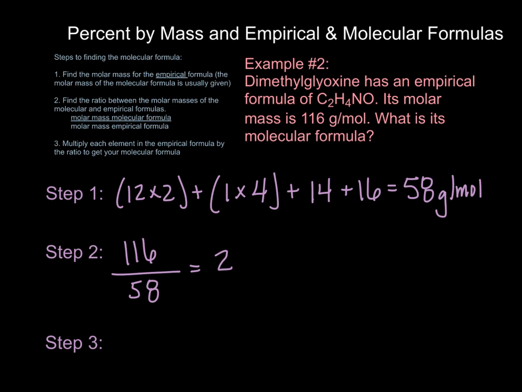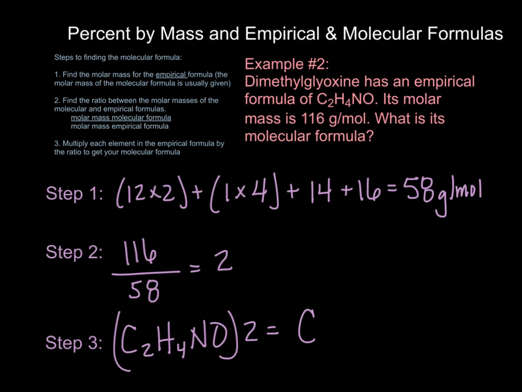So my empirical formula is C2H4NO, and I need to multiply this by the ratio I found in step 2, so I have to multiply it by 2, and I get a molecular formula of C4H8N2O2.